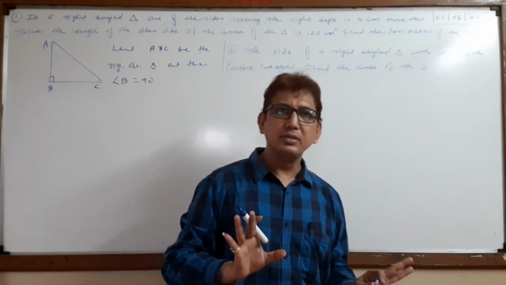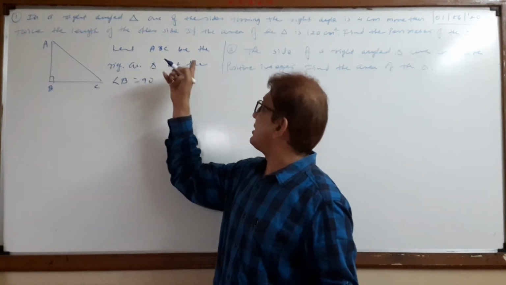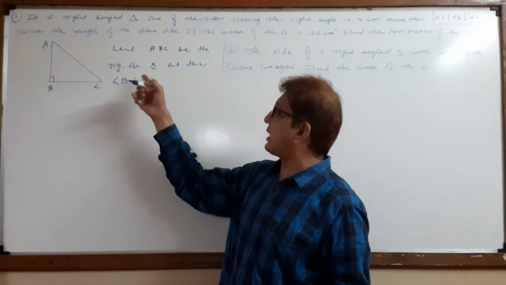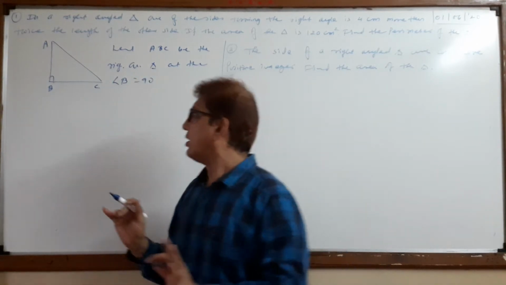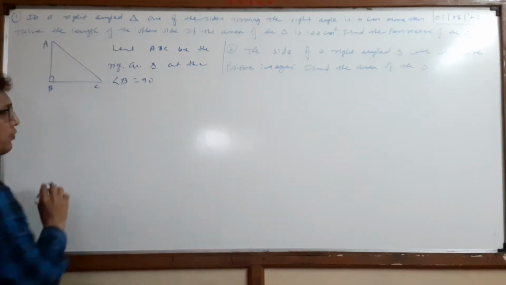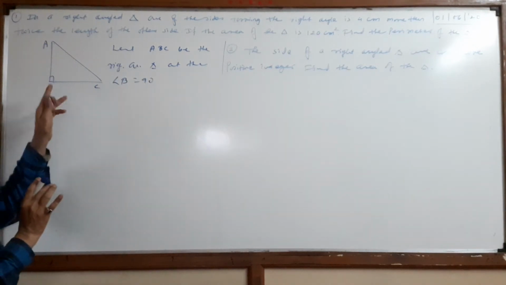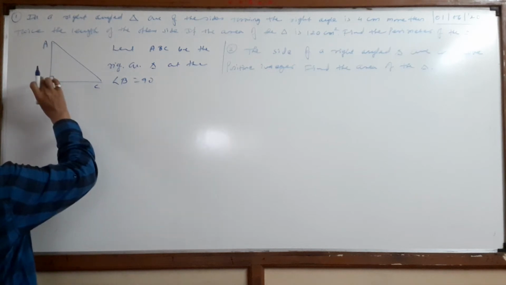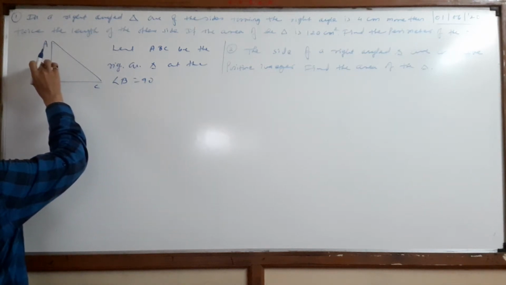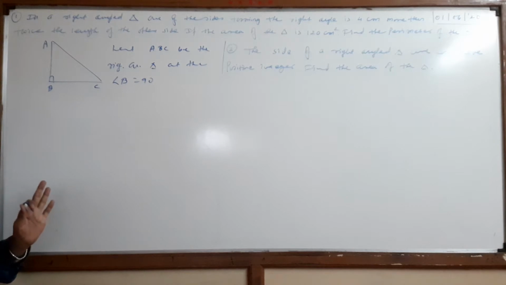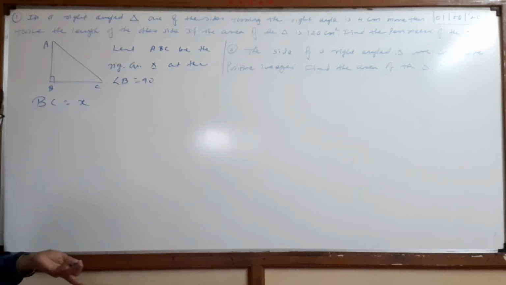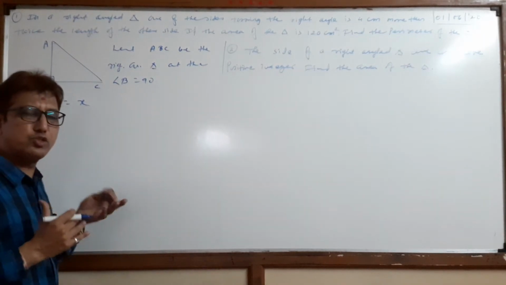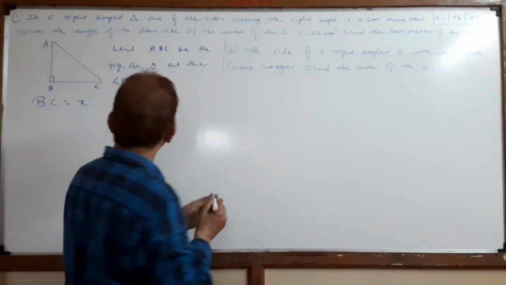Now AB and BC are forming the right angle. Now read your question. You can suppose AB or BC, anyone, say x. Here we suppose BC equal to x. You can say also AB equal to x. Okay. Now read your question.